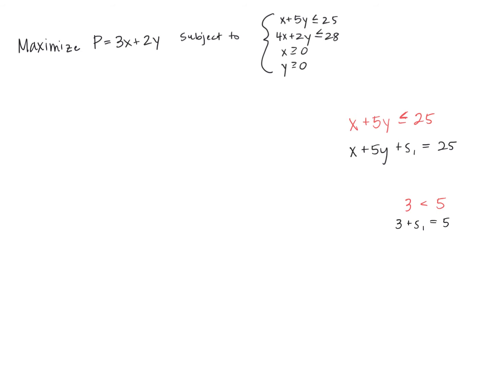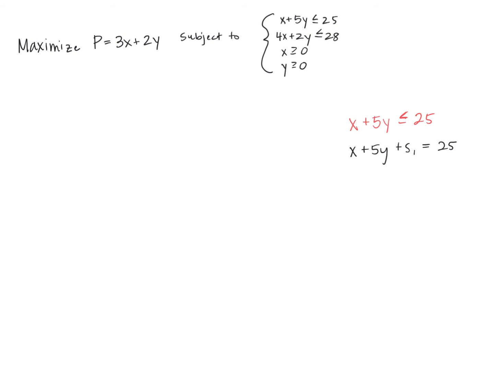That one's clear. But if we have other variables involved, we don't know exactly what we need to add, but we know that we can add something to the left-hand side to get the right-hand side. So basically this variable is picking up the slack. That's what's keeping these two sides from being equivalent. And that's why these are going to be called slack variables.